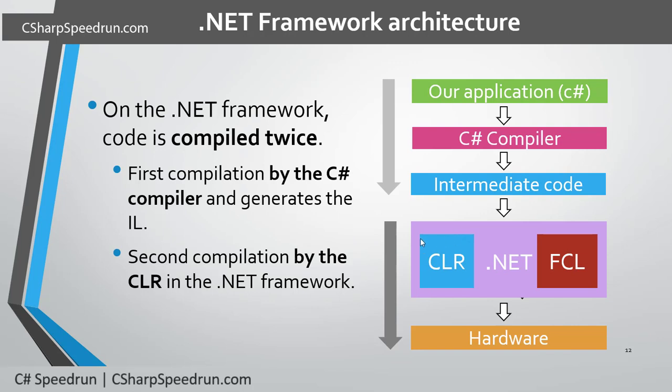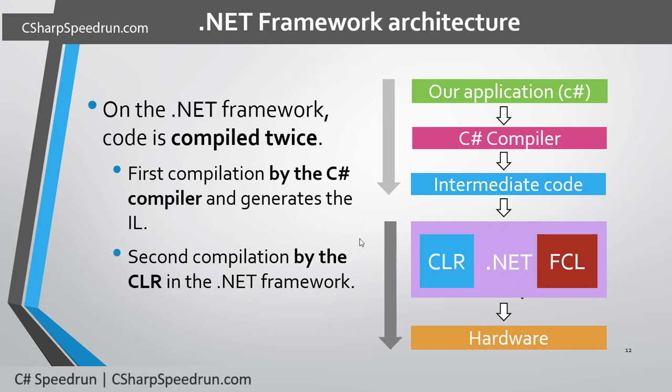Consequently, it doesn't matter if we don't know what operating system will run our application, whether it's Windows 10, Windows 7 or Windows Server. The intermediate code is portable to any platform as long as we have the CLR installed. So to summarize, as long as our hardware has the CLR, it can run our application.